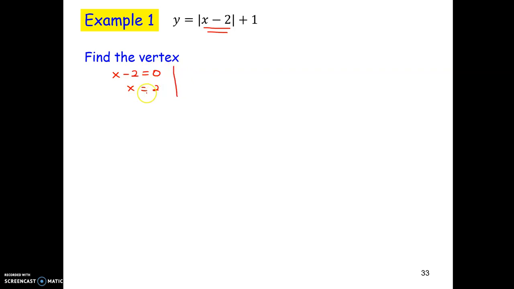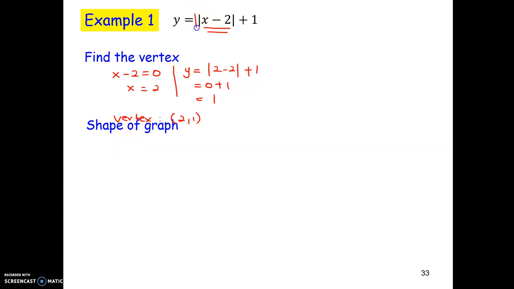So once we know x equal to 2, go back and substitute. y equal to the modulus of 2 minus 2, plus 1. So we got 0 plus 1, which is equal to 1. So that means the vertex is (2, 1).